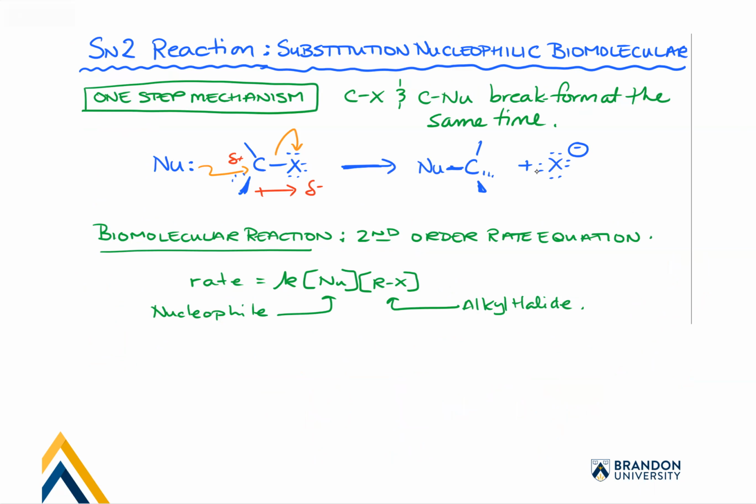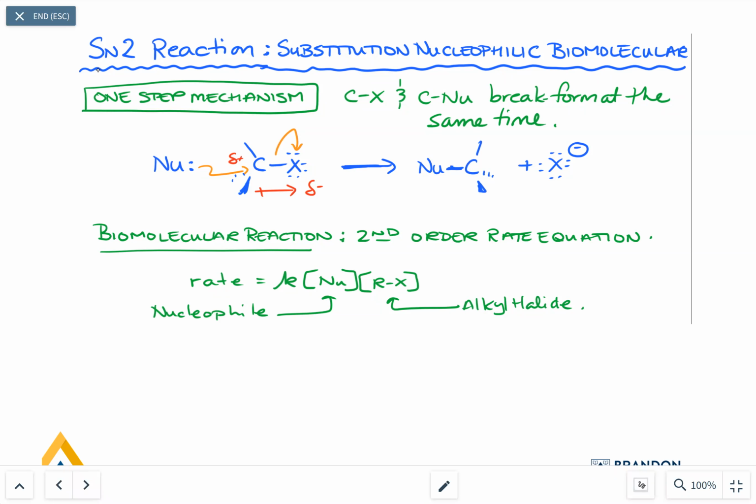So we'll do the SN2 reaction first. We're going to talk about SN2 and SN1. So SN2 stands for substitution nucleophilic, 2 for bimolecular. So this relies on the nucleophile hitting the electrophile, our alkyl halide, to cause the reaction to take place.